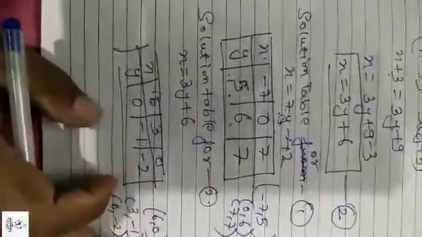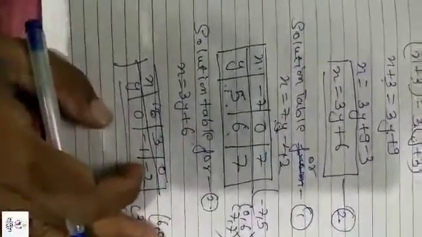First of all, we have to check what type of graph it will show. We have two equations. The first one was x minus 7y is equal to minus 42, and the second was x minus 3y is equal to 6.